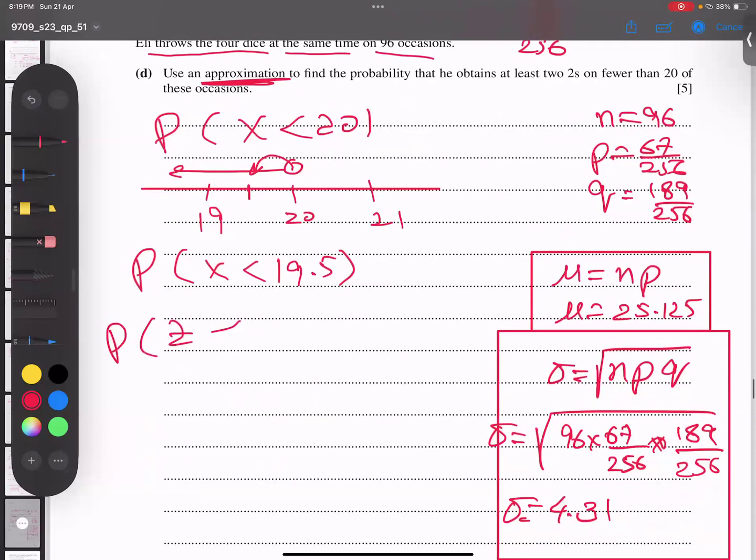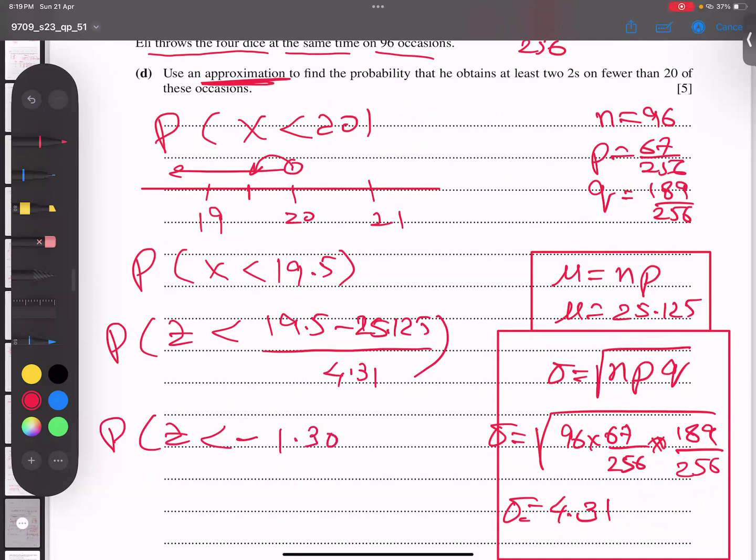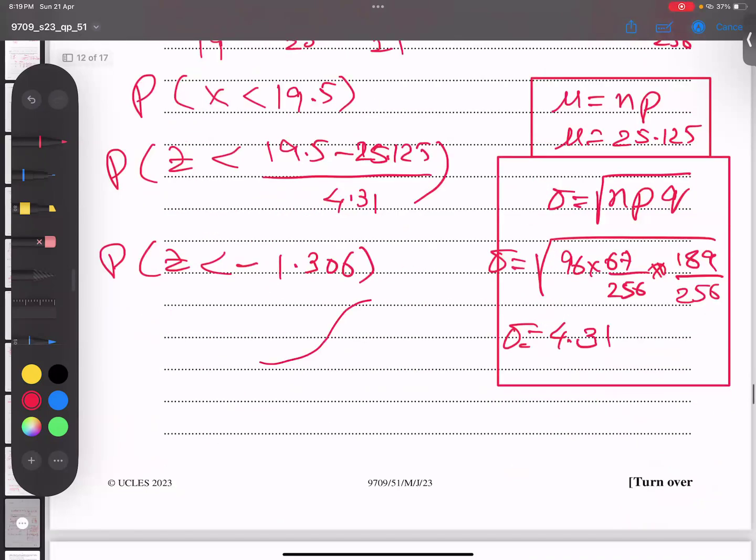As I said before, 19.5 minus the mean, which is 25.125, over 4.31. If I type it in the calculator, students, the answer is negative 1.306.